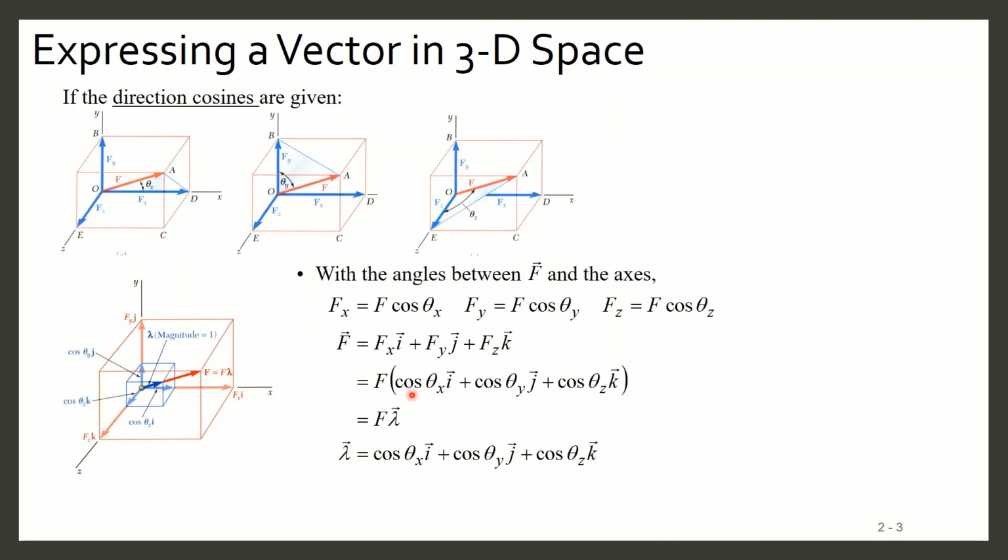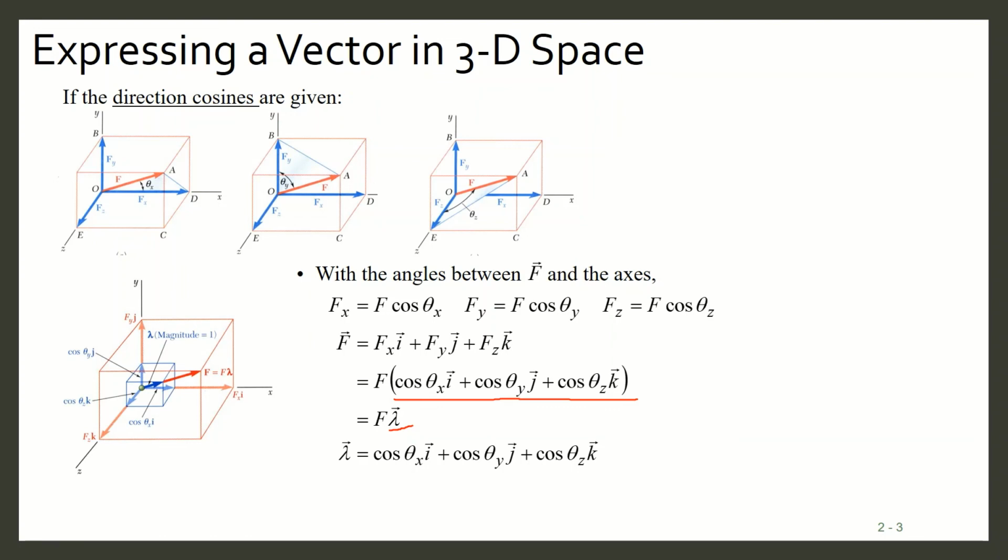This is also written like this: you can write the term in this bracket as lambda, where lambda is cos theta x i plus cos theta y j plus cos theta z k.